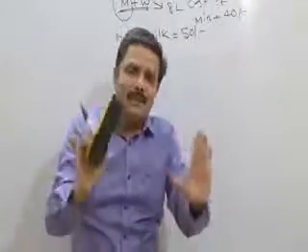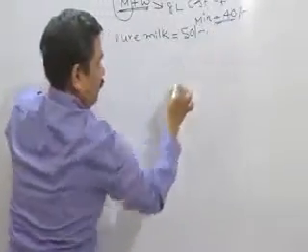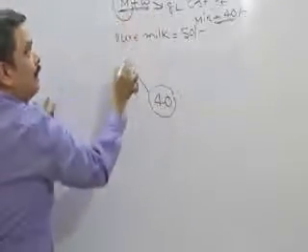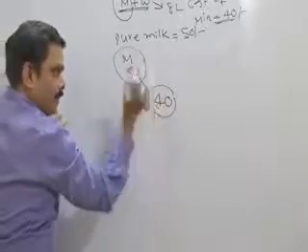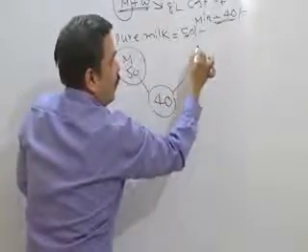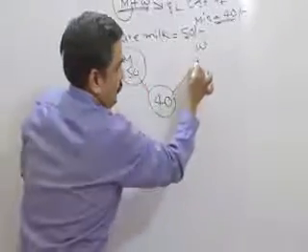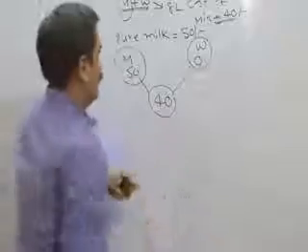What is the quantity of milk in this one? Simply, I can use the rule of alligation here. So now this mean value I am taking as 40 rupees and the cost of pure milk is 50 rupees. And now here, the cost of water. Remember, water is free of cost. Always you have to take this one as 0. Now what is the proportion or ratio here?